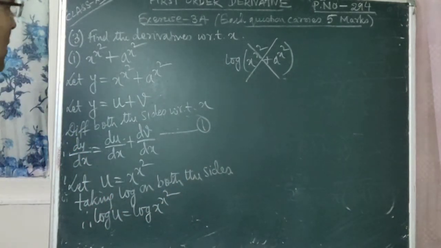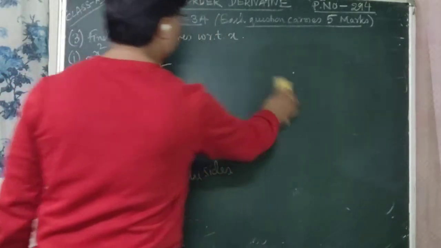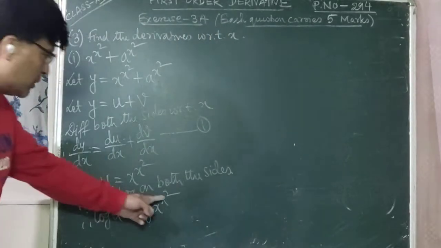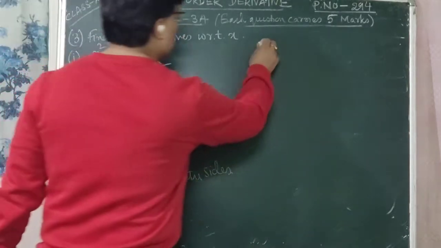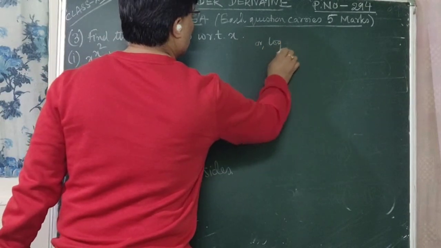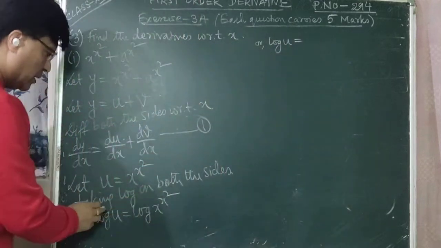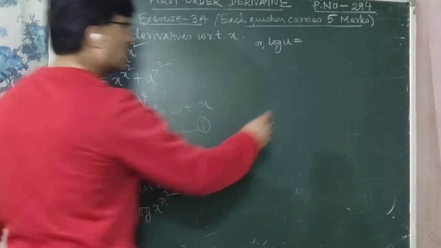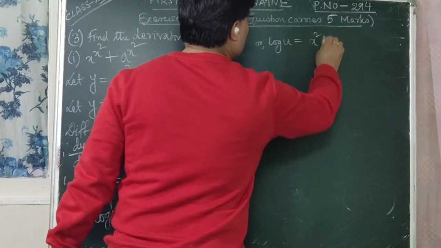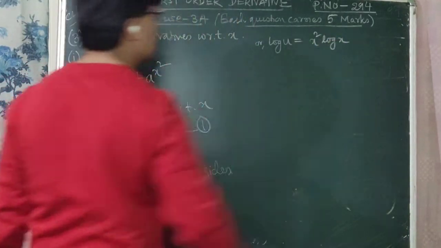Okay. So next, what do we get? Now this power becomes the coefficient because of that log, isn't it? So log u is equal to, here x square becomes the coefficient because of that log. This is the properties of logarithm. So x square comes in the front, and then you write log x.